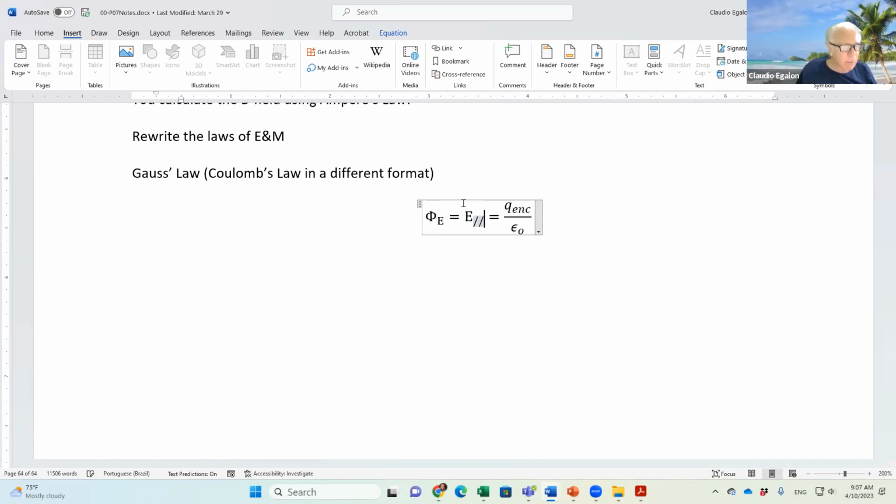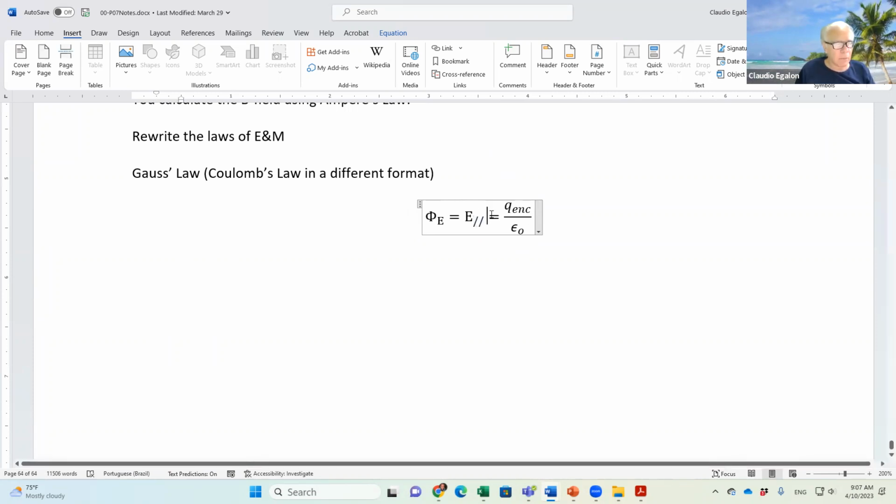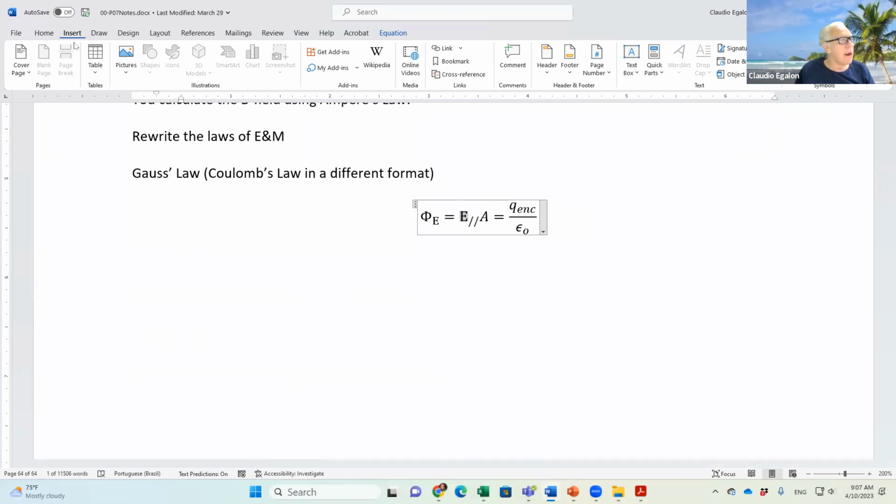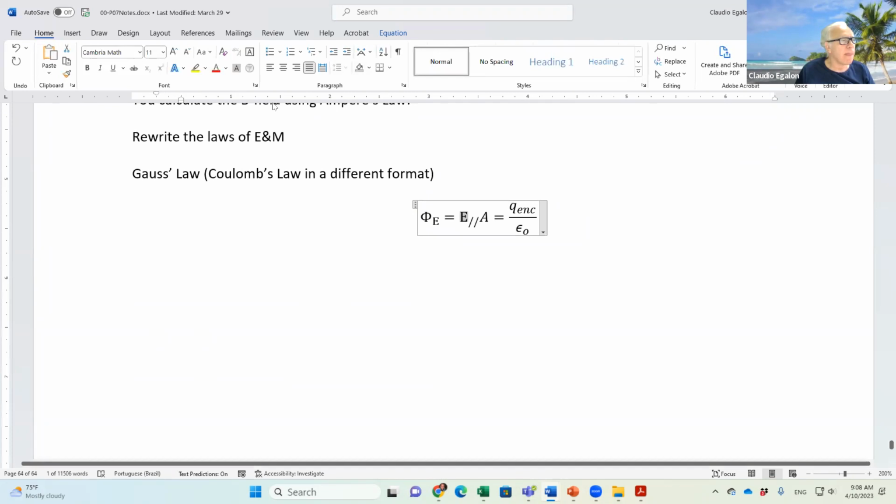Parallel to the vector area of the Gaussian surface. Okay.